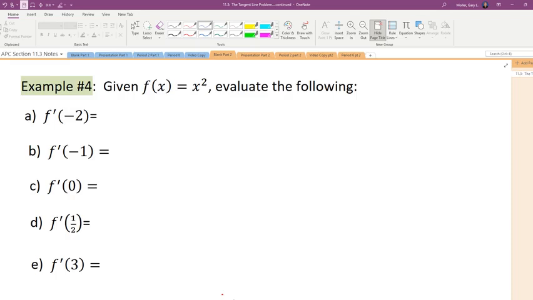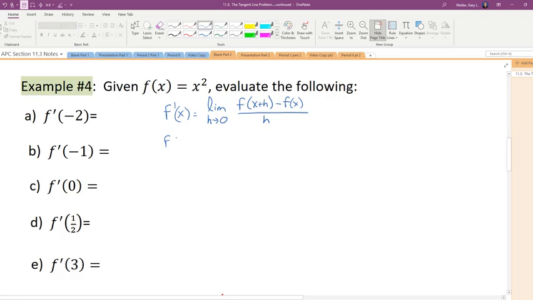So let's now take a look at what happens if we find the general form. So I'm going to take the derivative of the function, and now I'm going to use my new general form. So the limit as h goes to 0 of f of x plus h minus f of x over h.